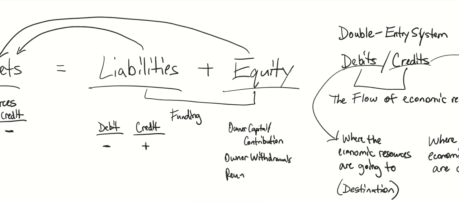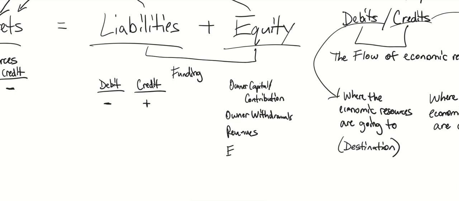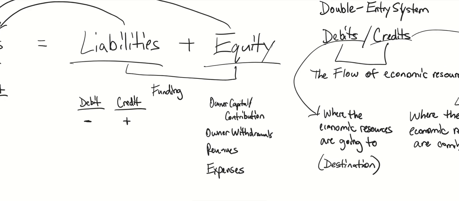Revenues and expenses. So owner capital or contribution. I'm going to try to erase this portion here. There we go, so that gives me more room.